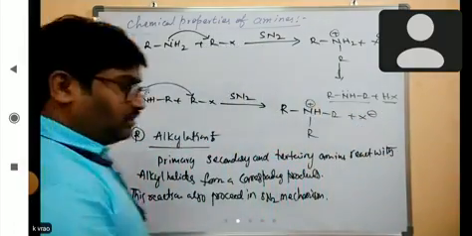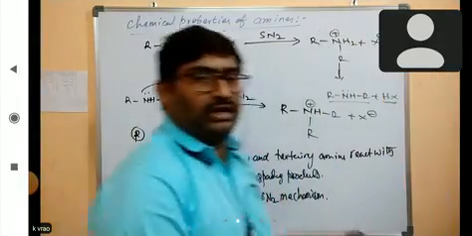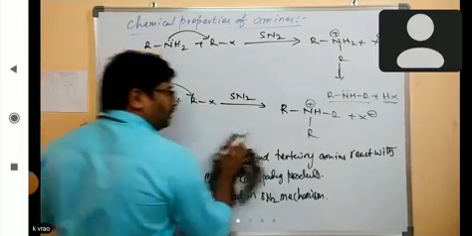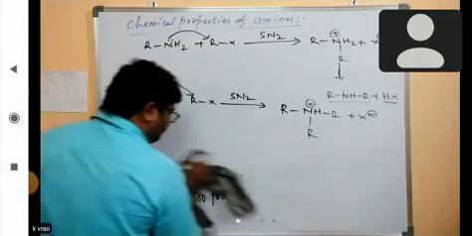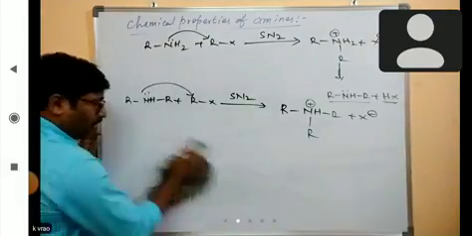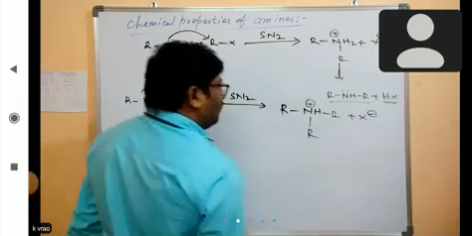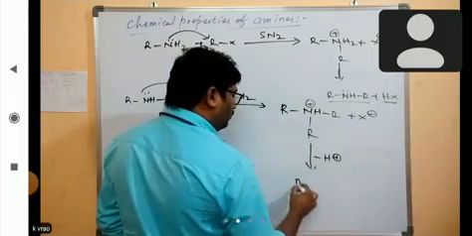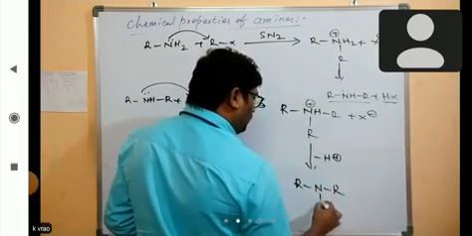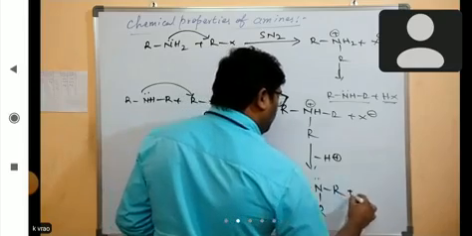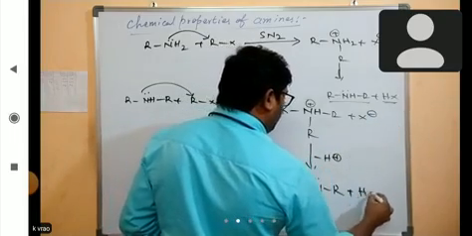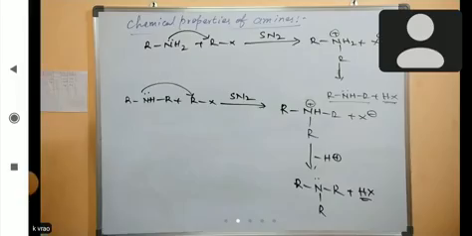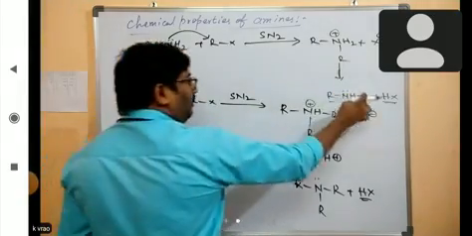Nitrogen is more electronegative, so it will not keep the positive charge. It immediately loses a proton and converts into the tertiary amine, R N R R plus HX. This is a tertiary amine.